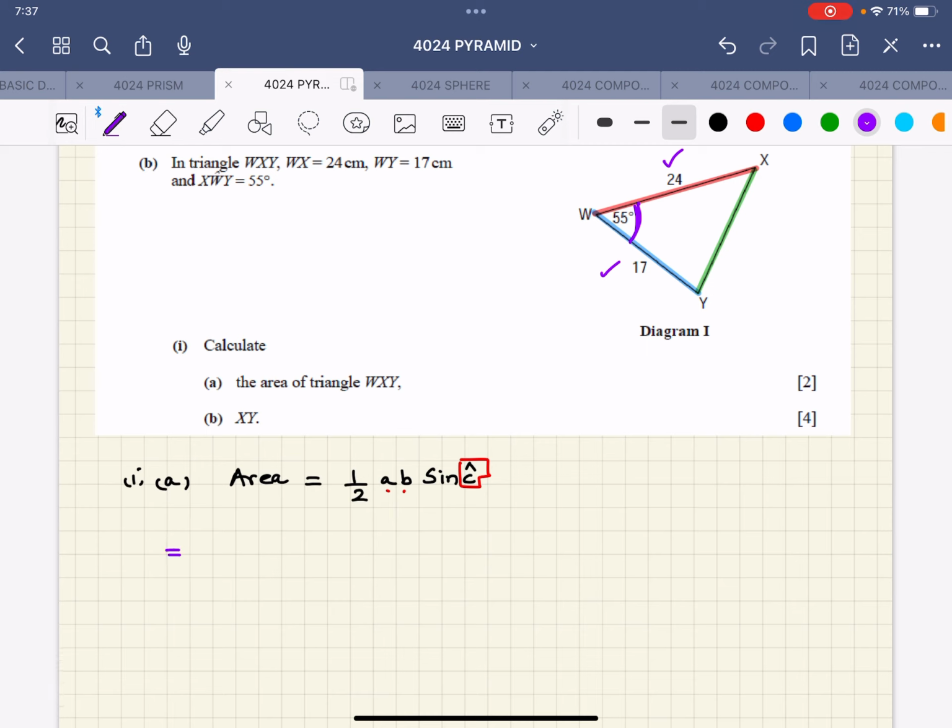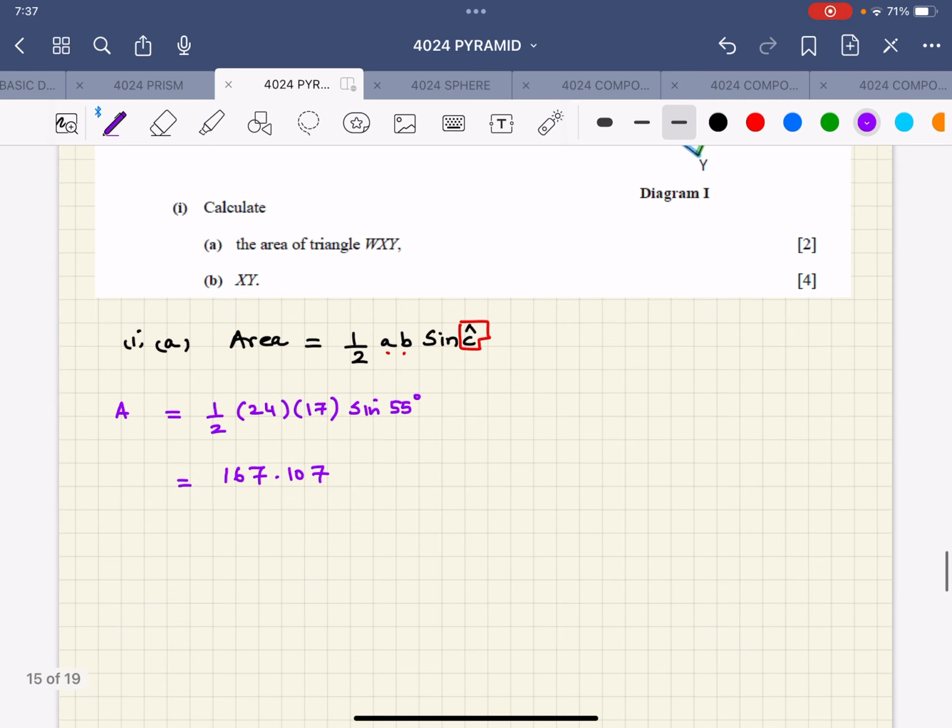So the area equals half into 24 into 17 into sine of 55 degrees. First I'm calculating sine of 55, multiplying it with half, and then further multiplying it with 24 and 17. So this answer is coming out to be 167.107. And I'll write this as 167 centimeters square, correct to 3 significant figures.